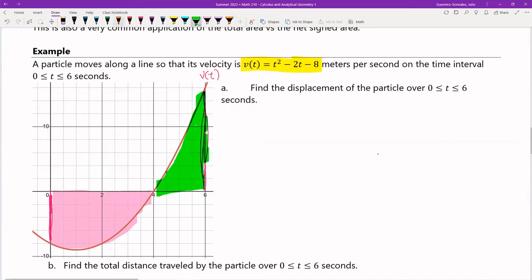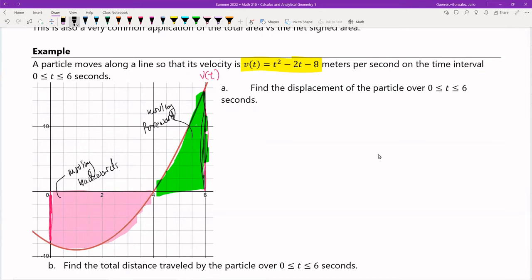So just a quick interpretation here: in this area, this particle is moving in the negative direction. It's moving backwards. You guys see that? And over here, since the velocity is positive, it's moving in the positive direction. It's moving forward. I'm pointing that out because that's going to be really important in part B.